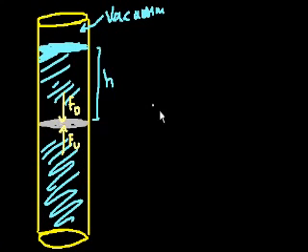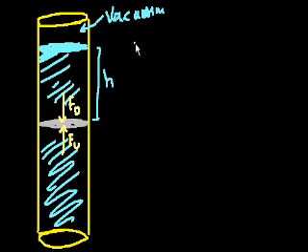So what is the force down acting on this cylinder? Well, it's going to be the weight of the water above it, because we're in a gravitational environment, and this water has some mass, and whatever that mass is times the gravitational constant will equal the force down.